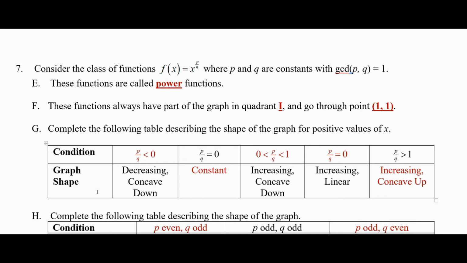They always have a part that's in quadrant 1 and go through the point (1, 1). 1 to any power is 1. And what happens beyond that depends a little bit on the values of p and q and the size of p over q. So what happens in quadrant 1 depends on the size of p over q. If p over q is negative, we have decreasing, concave up.